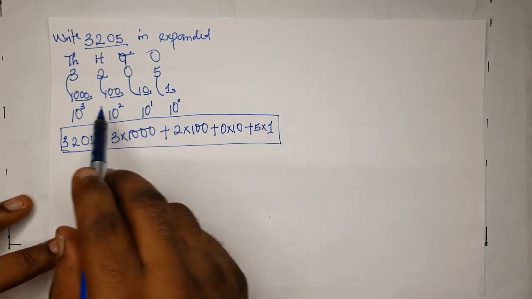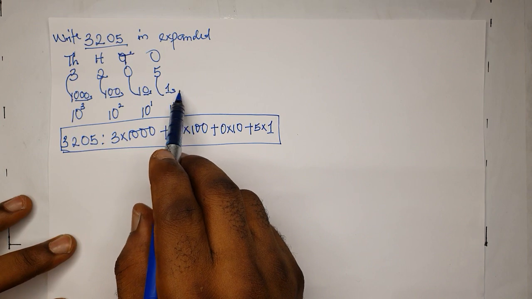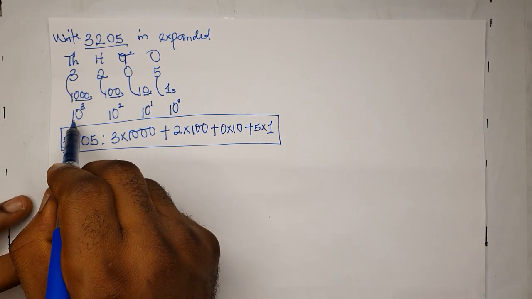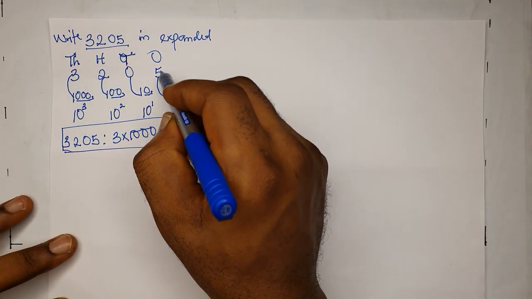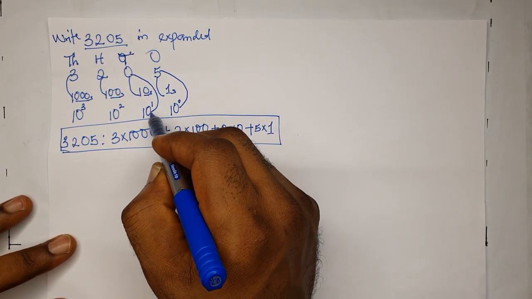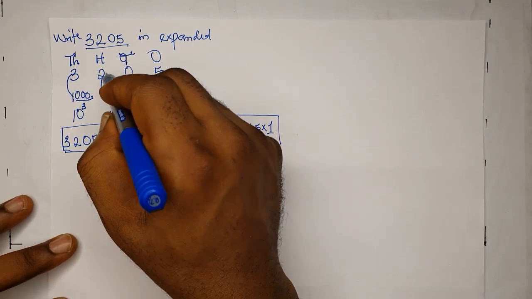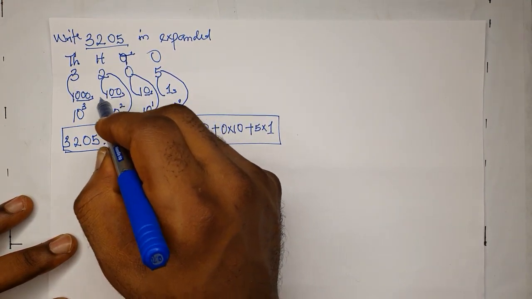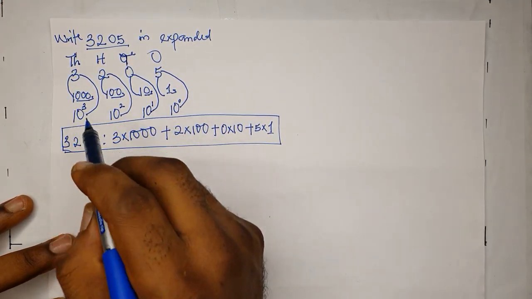Meanwhile, you can also go a little further. You can go as far as working with the next column. So it means I'll be working with 5 and 10 to the power of 0, 0 and 10 to the power of 1, 2 and 10 squared, and then 3 and 10 cubed.